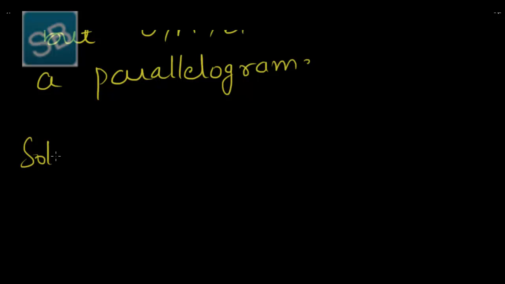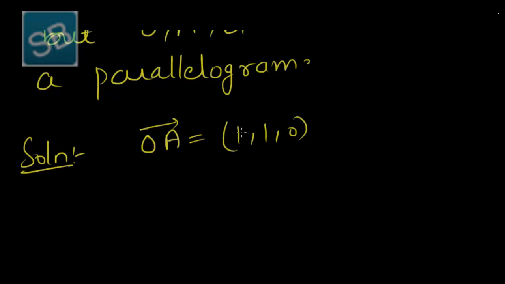Now the solution is here. Position vector of OA will be 1, 1, 0, as O is the origin.